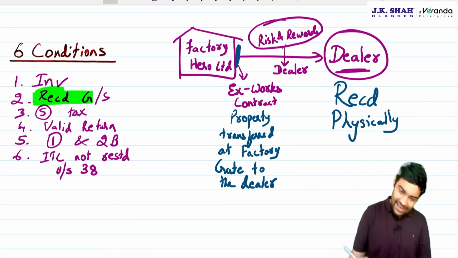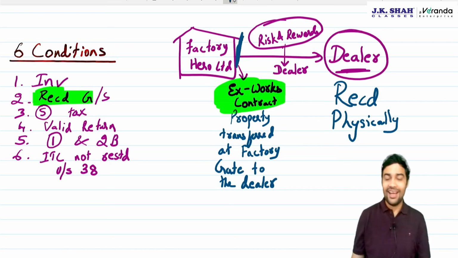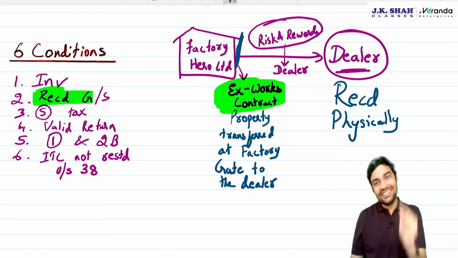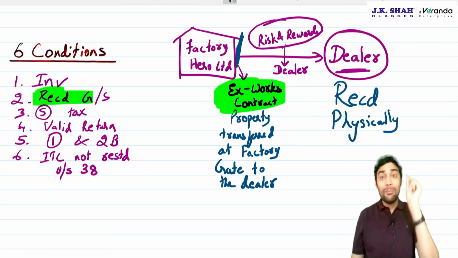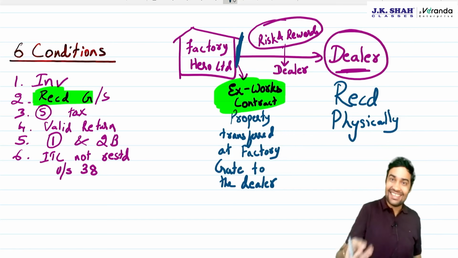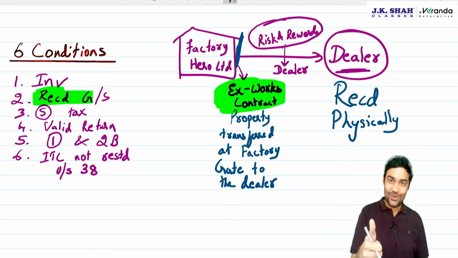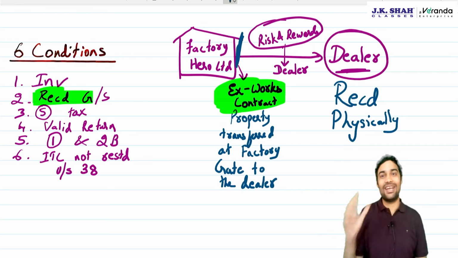CBIC has said in ex-works contracts, as the risk is transferred here itself, dealer has actually received the goods once the goods are handed over to the transporter, because the goods are handed over to the transporter on behalf of the dealer, at the factory gate. As it is handed over at the factory gate, dealer will be eligible to avail ITC once the goods have left the factory of Hero.